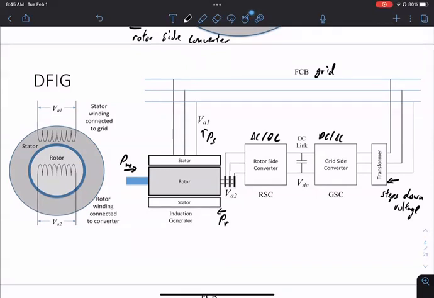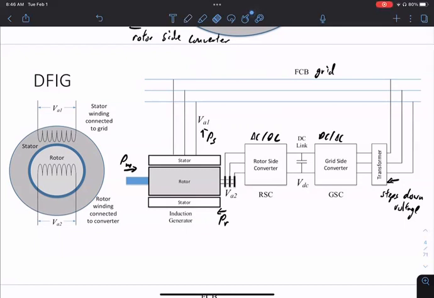Once this gets to DC, there's no notion of phase anymore, just a DC current. Once you convert back to AC, you have to control the phase by yourself, and that's a free variable you can change. So you can change the phase from this link, and that allows you to control the phase here, and that will change the current flow.